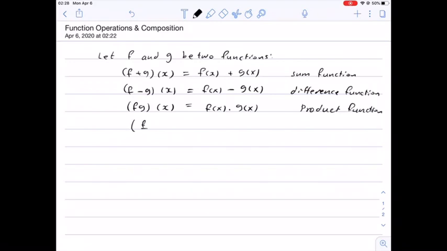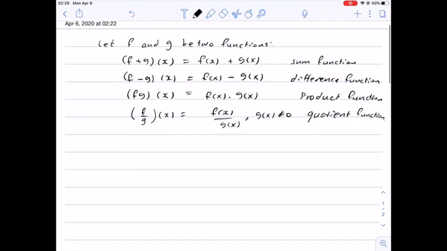And the division or the quotient is f over g of x is f of x over g of x, provided that the denominator is not equal to 0. So this is the quotient function. So this is the notation that we will deal with in this section.